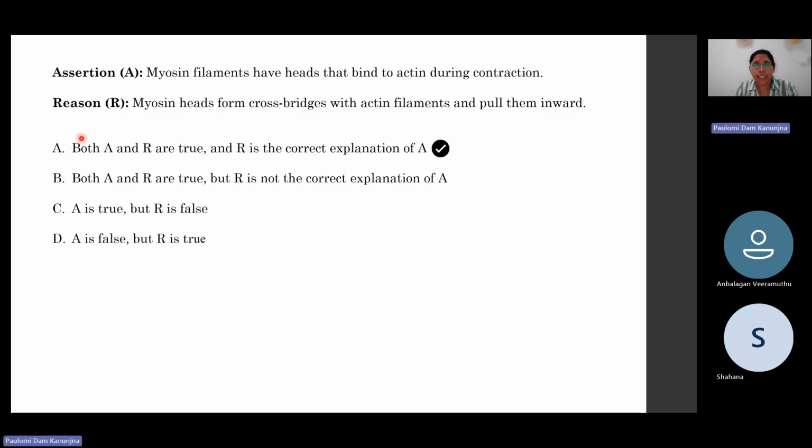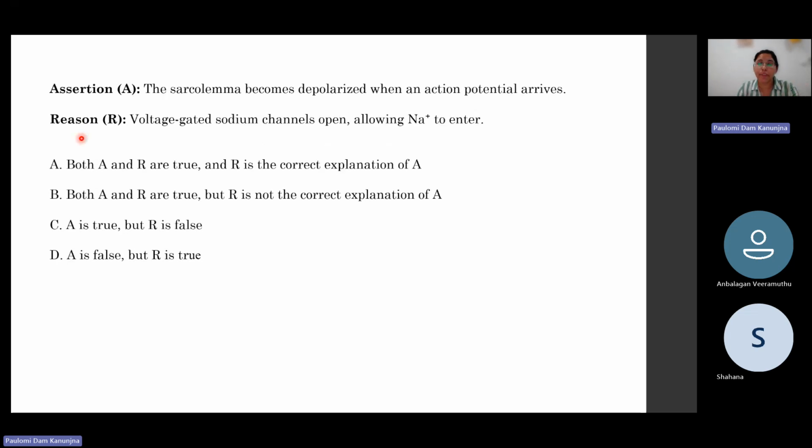So this we know is correct because we have been discussing this so far, that your myosin and actin bind and they pull it inside. Okay, next one. Now the sarcolemma becomes depolarized when an action potential arrives and voltage gated sodium channels open, which is something that we have discussed.